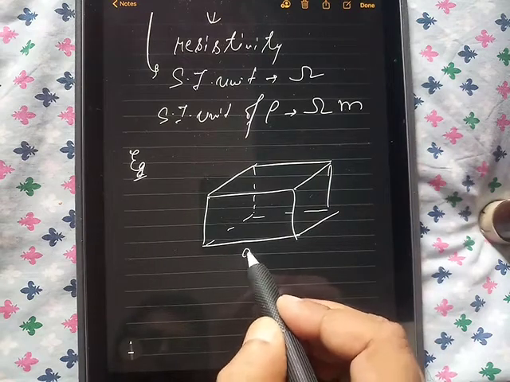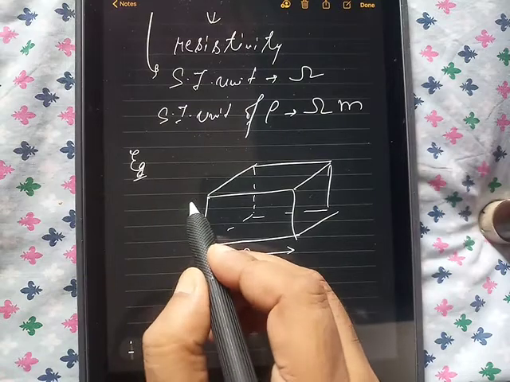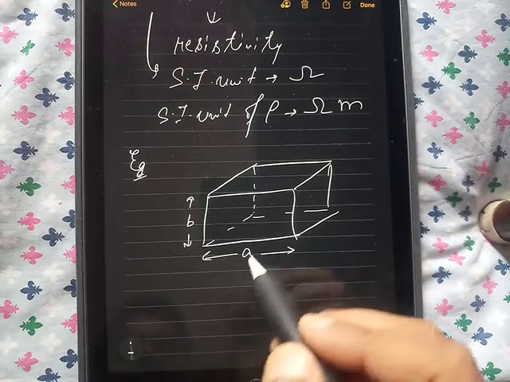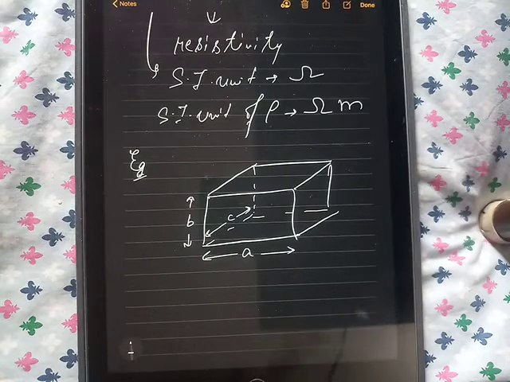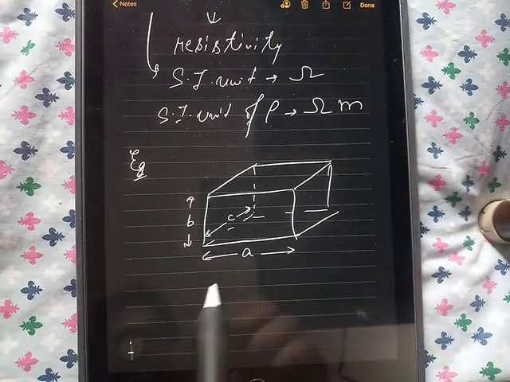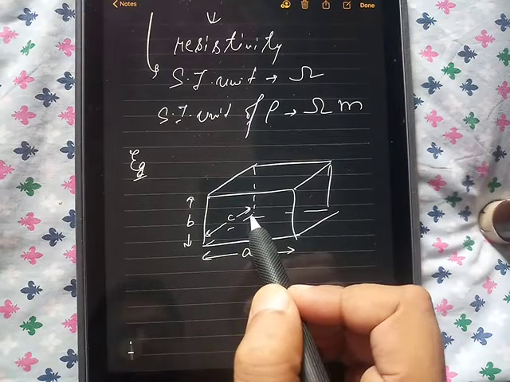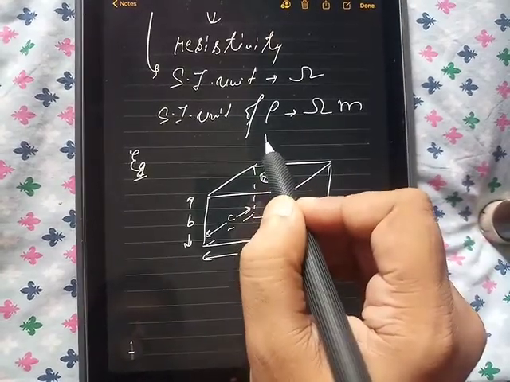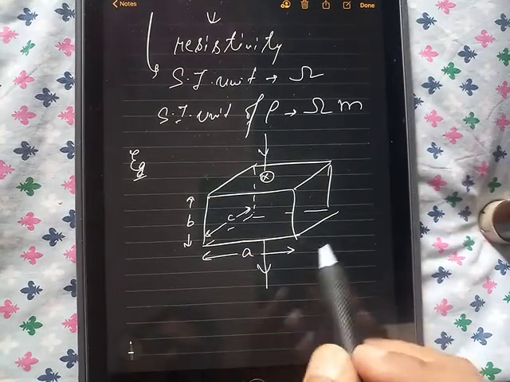Let this length be A, this length be B, and this length be C. Now, let current go in from this face and emerge out from the opposite side.